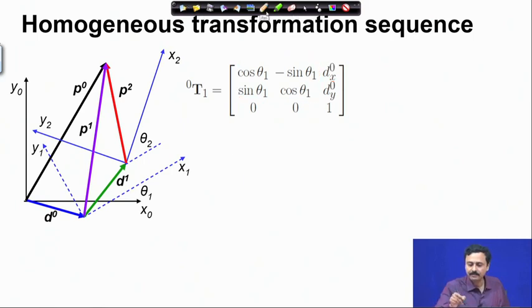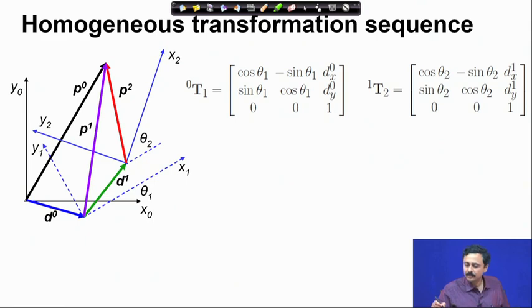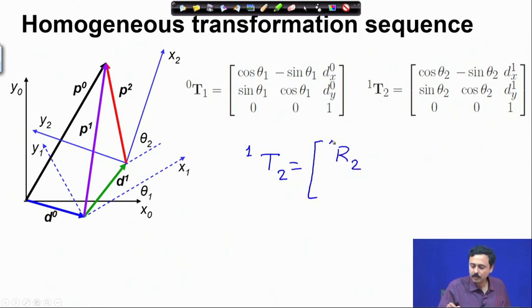So, here I have the homogeneous transformation matrix T 2 to 1 which is R from 2 to 1, d1, 0 0 1.